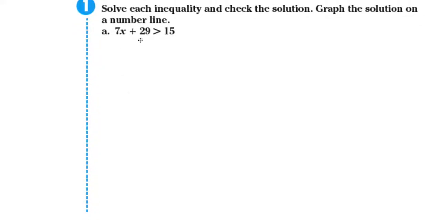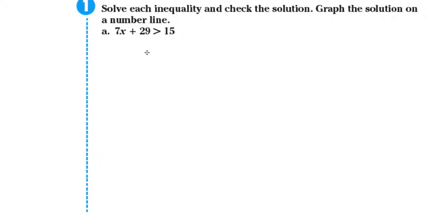So you have 7x plus 29 greater than 15. And this is a two-step inequality, meaning it will take us 2 steps to solve. And just like an equation, we want to undo positive 29 first. We work backwards, so we need to undo positive 29.